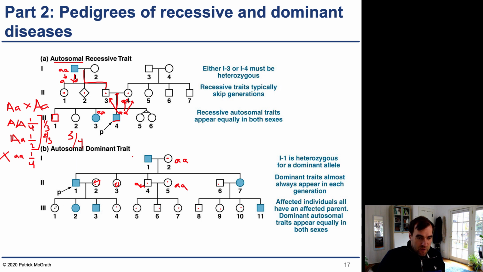And then that would mean that this individual would have to pass on a little a to all of them. So all of these other individuals are big A, little a. Dominant traits are usually a lot less interesting to analyze, and they're all pretty straightforward.